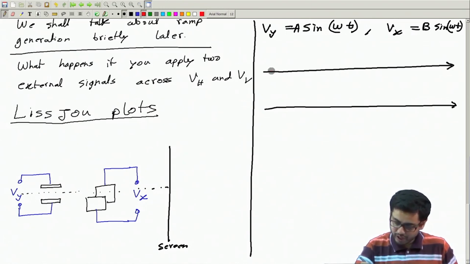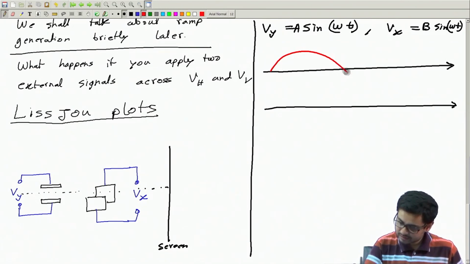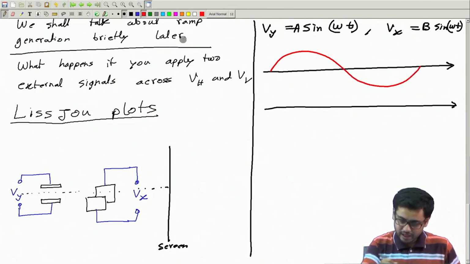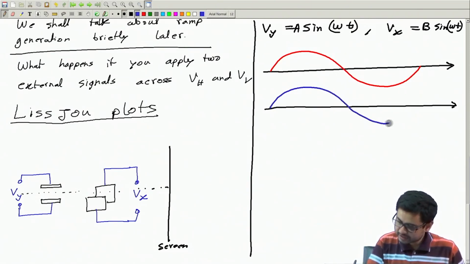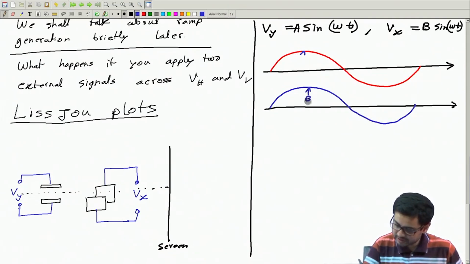Let this be Vy and let this be Vx. This height is b and this height is a.